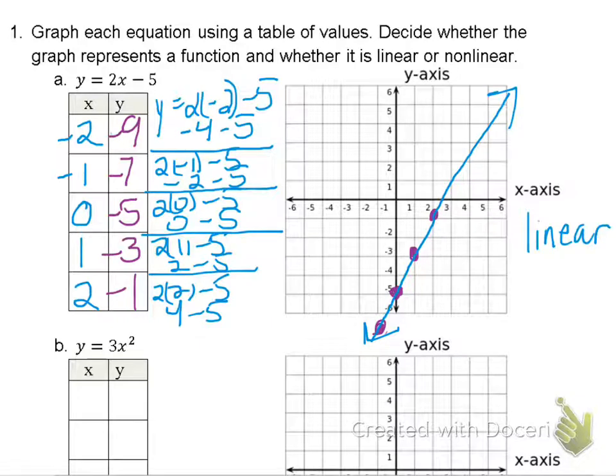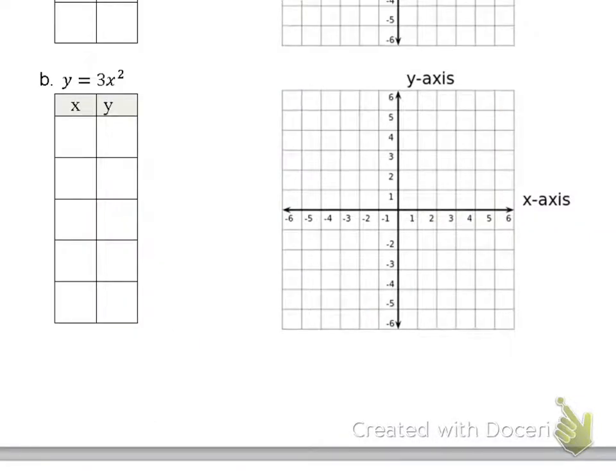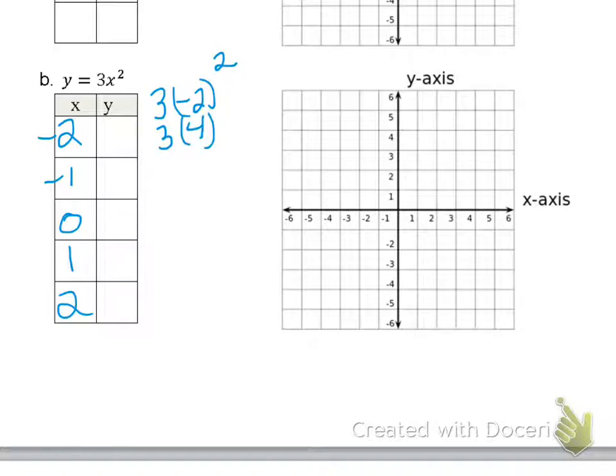Right, moving on to the next example. We have y equals 3x squared. So again, we're going to fill in some x values. We're going to pick a couple negatives and a couple positives. So if we fill in 3 times negative 2 squared, that would be 3 times 4, which is 12. And if we fill in 3 times negative 1 squared, that would be 3 times 1, which is 3.